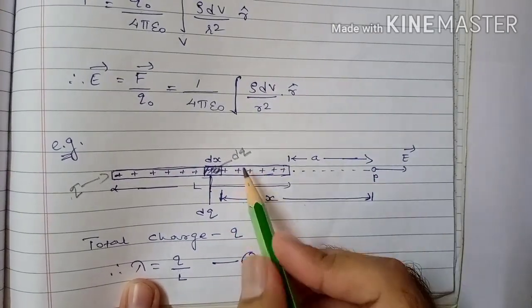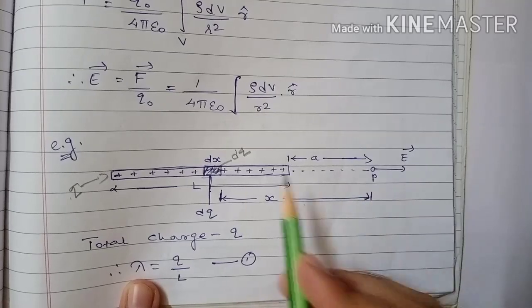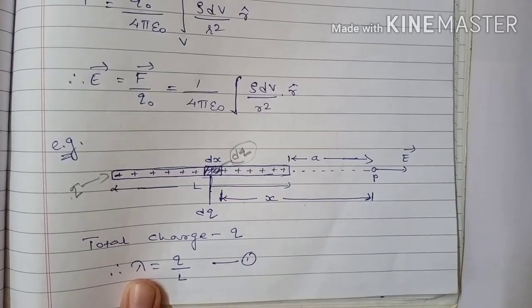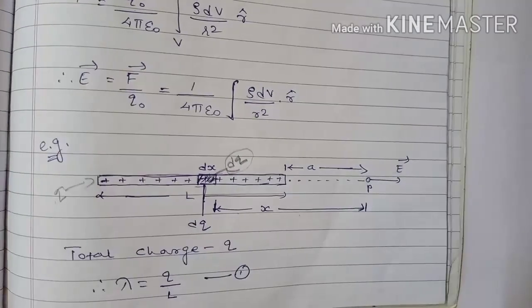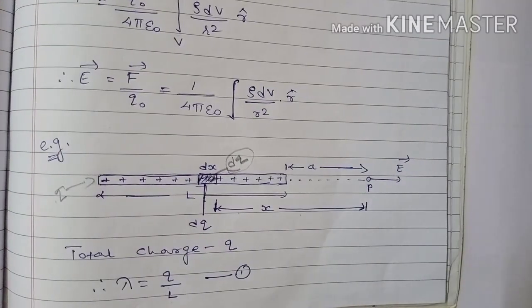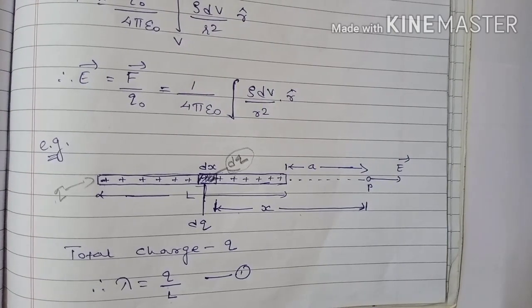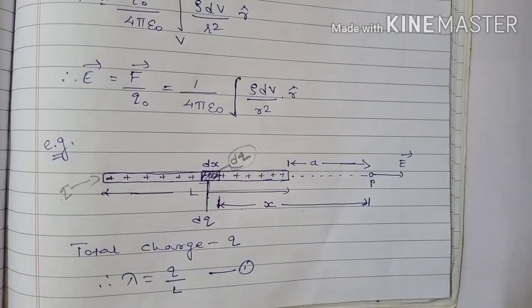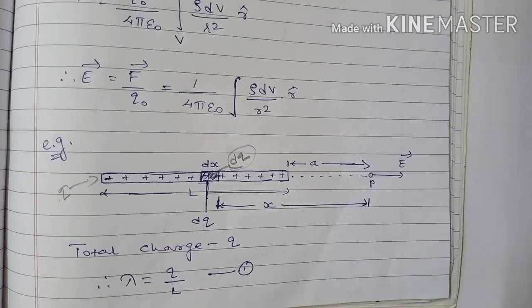First of all, we have to find the electric field at point P due to this small point charge dq. We know the formula of electric field at any point due to a point charge: E is equal to 1 upon 4 pi epsilon naught, charge upon square of distance. Here this dq will be the source charge.